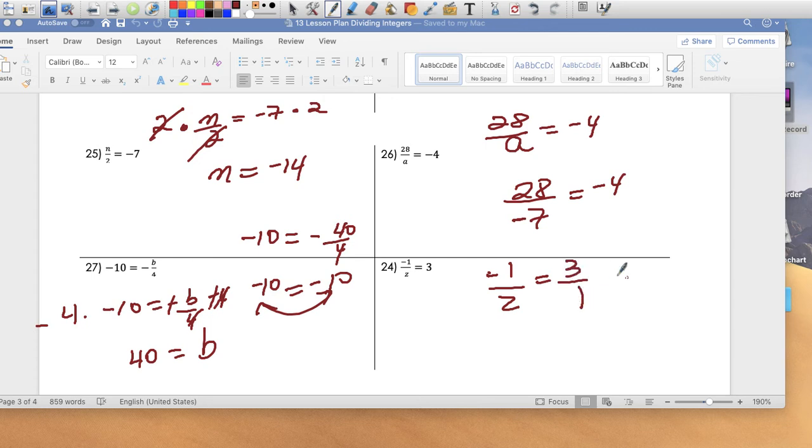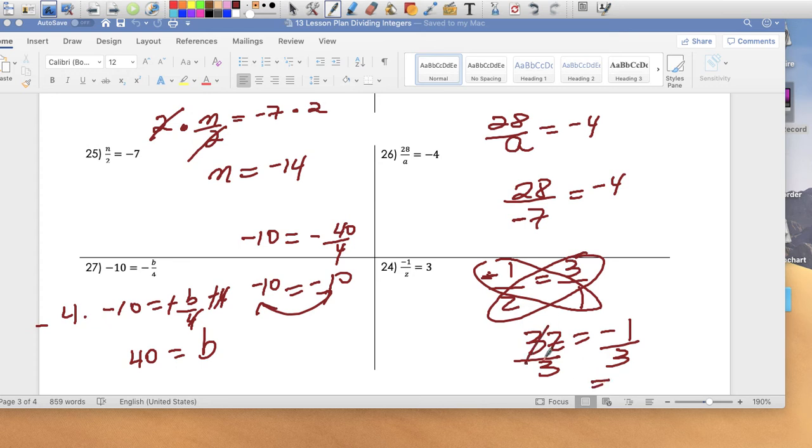I'm going to put the 3 over 1, all right? Because my variable is at the bottom. I need to get my variable on the numerator. So we're going to cross multiply. So 3 times z is 3z. And we'll cross multiply these two. Negative 1 times 1 is negative 1. We're going to divide both sides by 3. And these will simplify. And then z equals negative 1/3.